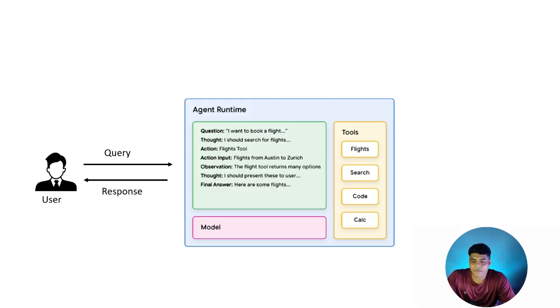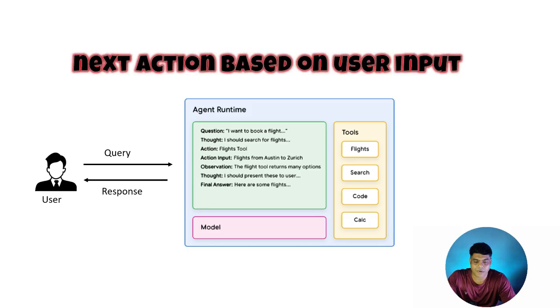It will get all the information of the flights from source to destination, and then it will come up with an observation saying there are many different options available and I should present them to the user. And then the final answer goes to the user saying these are the different flights available, what next step do you want me to take?